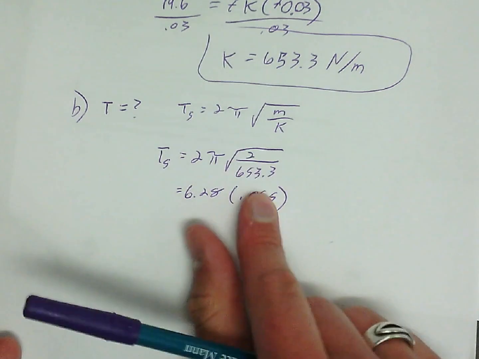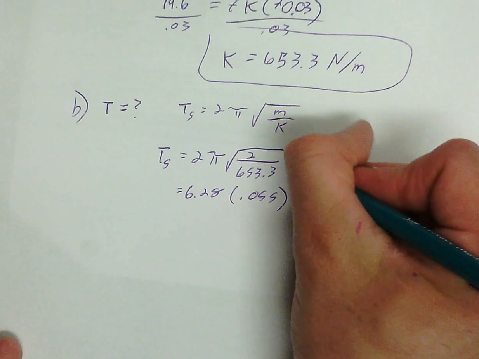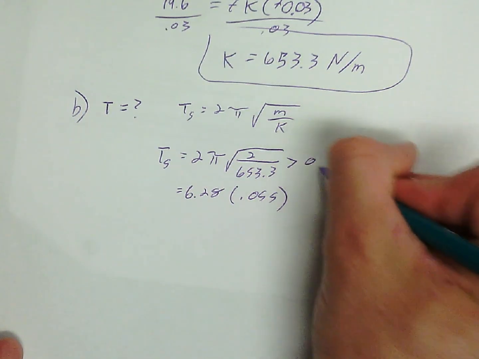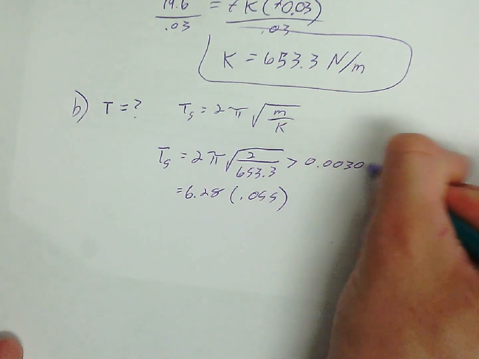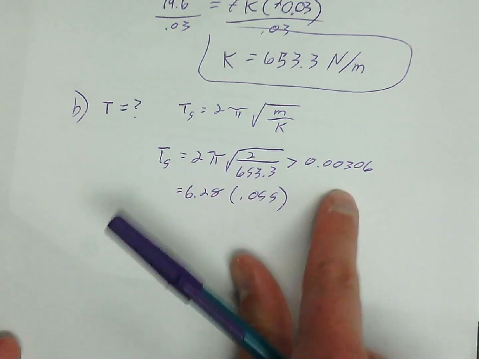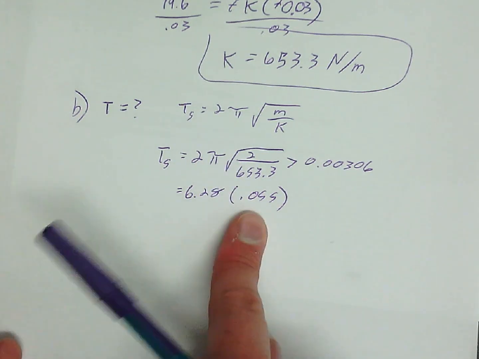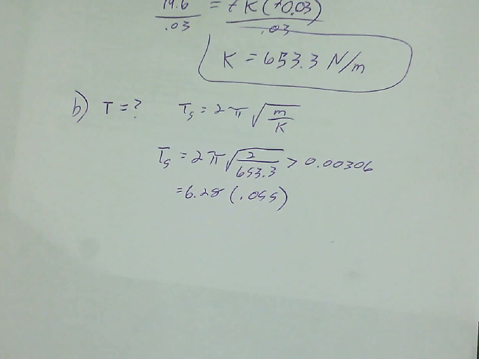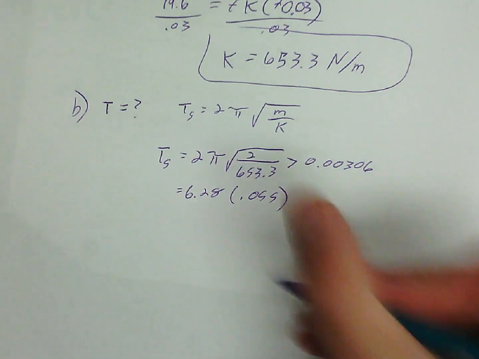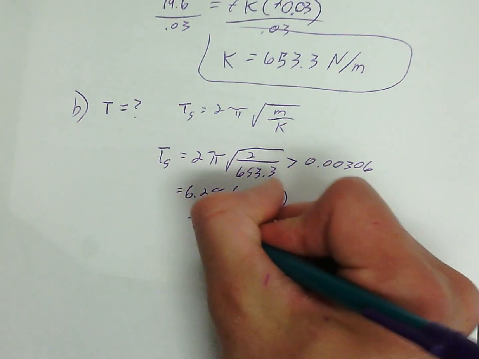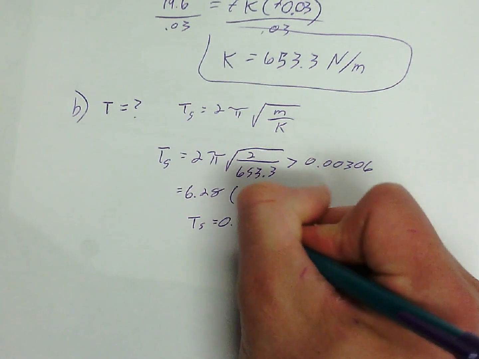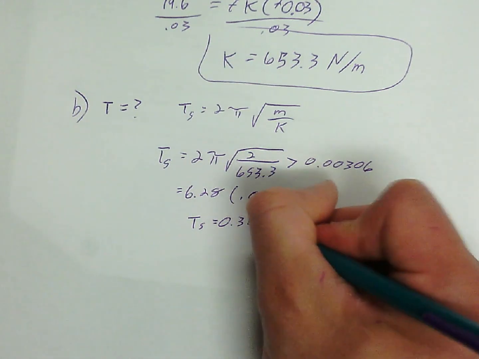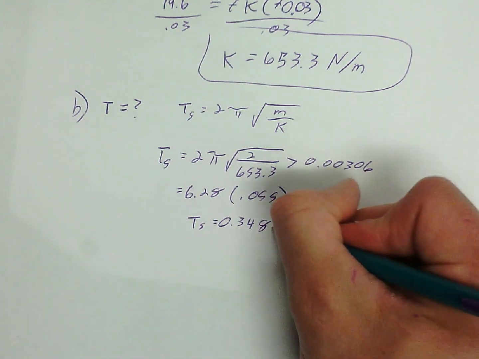So I divided 2 and 653. When I divided those two, I got 0.00306. Then I square rooted that number, and that gave me the 0.055. Multiply that by the 2 pi, and I've got a period of 0.348 seconds.